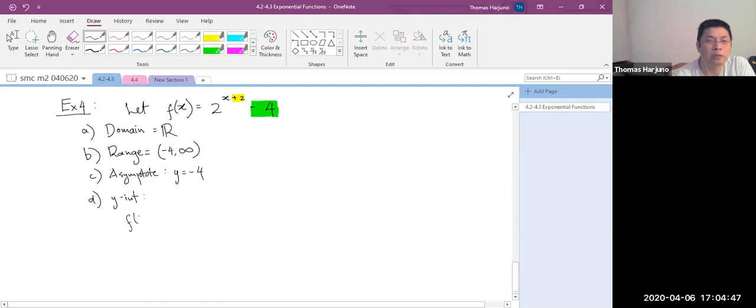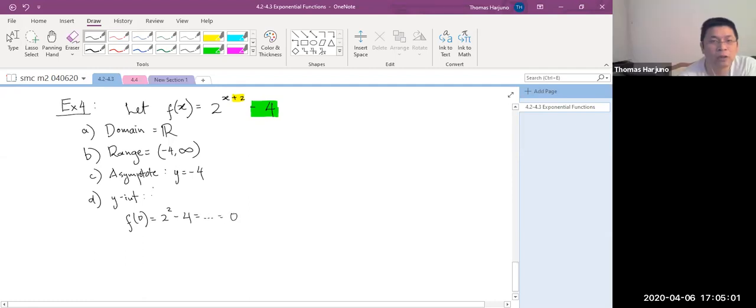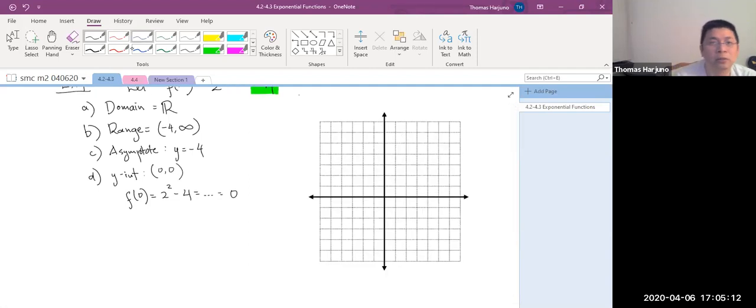What is f(0)? f(0) will be 2 squared minus 4, right? So it would be 0. So the y-intercept will be (0, 0). Yeah, okay. So the y-intercept is (0, 0).